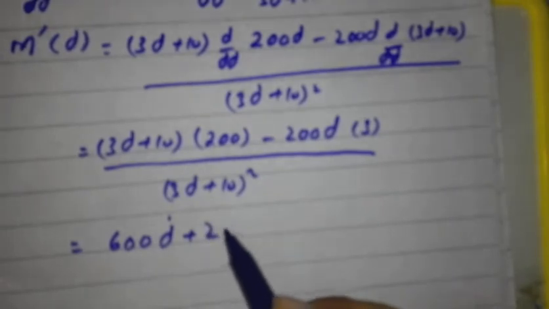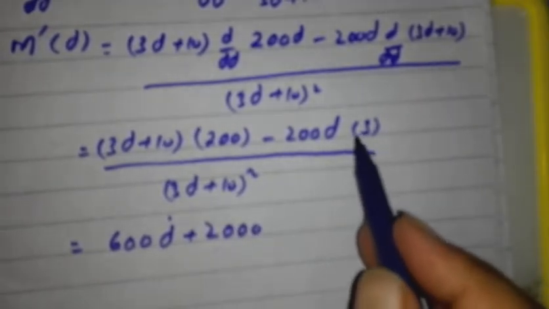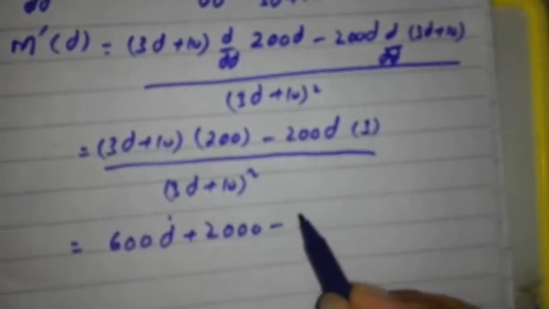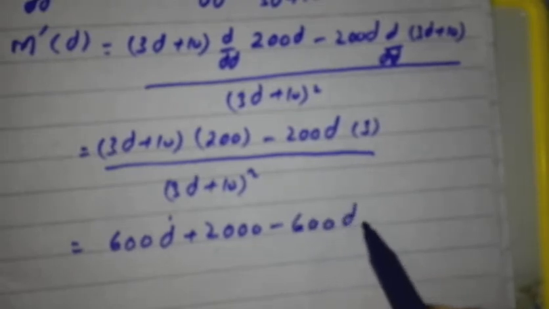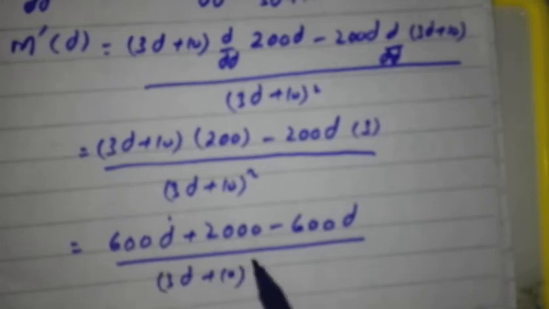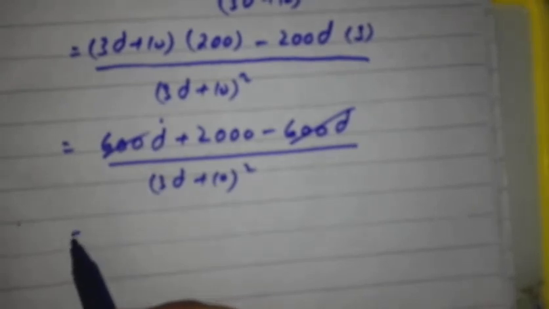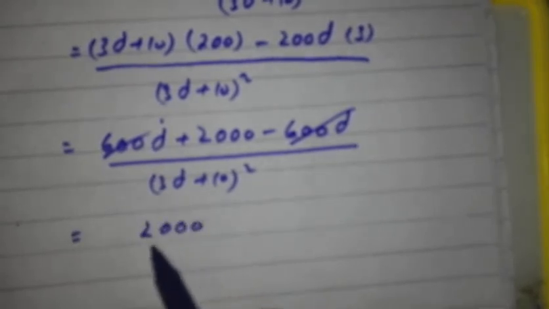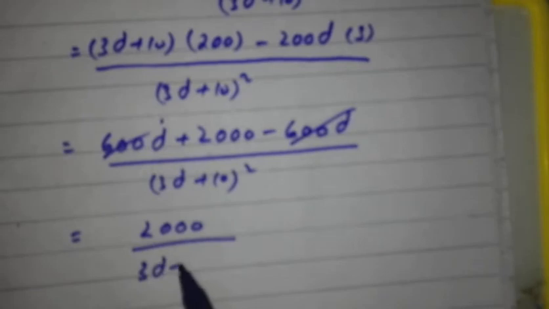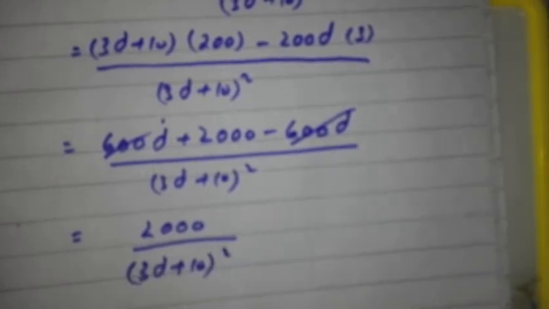Now 200 into 3D we get 600D, plus 200 into 10 we get 2000, and 3 into 200 we get minus 600D, over 3D plus 10 whole square. This 600D cancels with this 600D, we get 2000 over 3D plus 10 whole square. This is M prime of D.